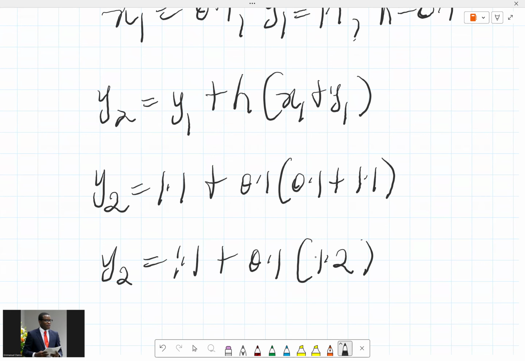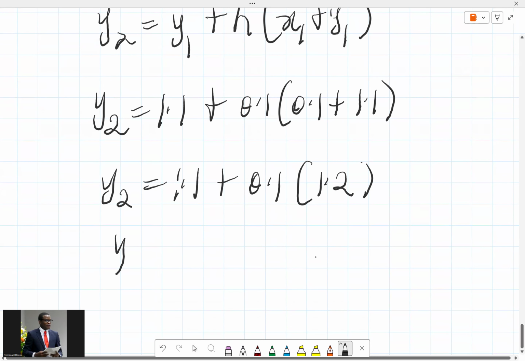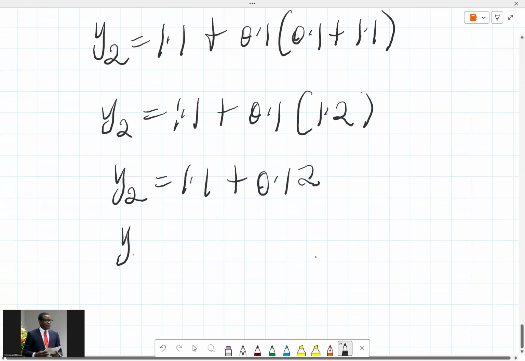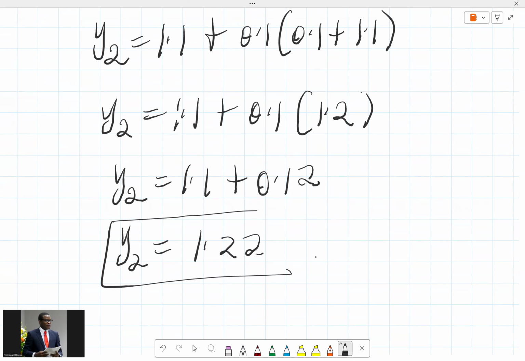So that means that y2 is equal to 1.1 plus 0.1 times 1.2, which is actually, I think, 0.12, right? Yeah, we move one decimal place forward. So that's 0.12. So we have y2 equal to 1.1 plus 0.12, which is 1.22. And this is our y2 now, okay?